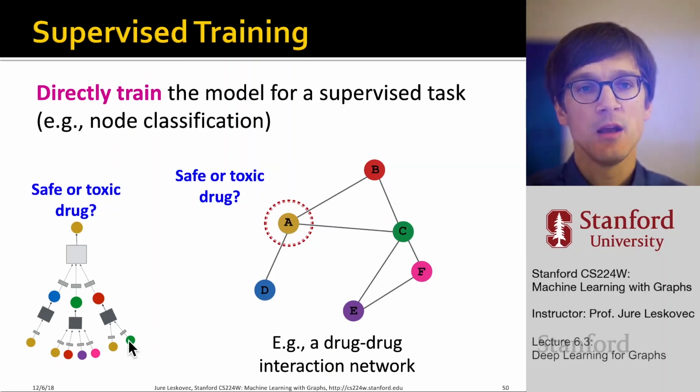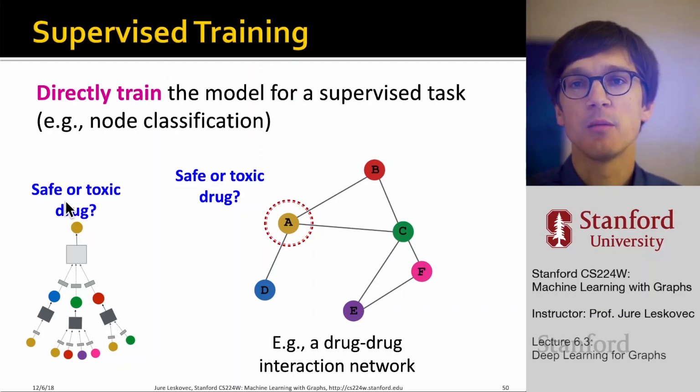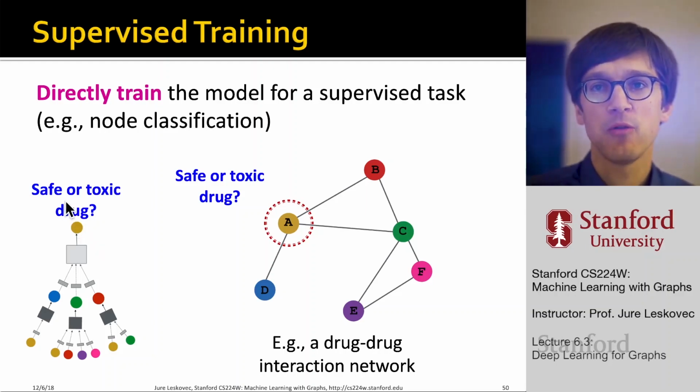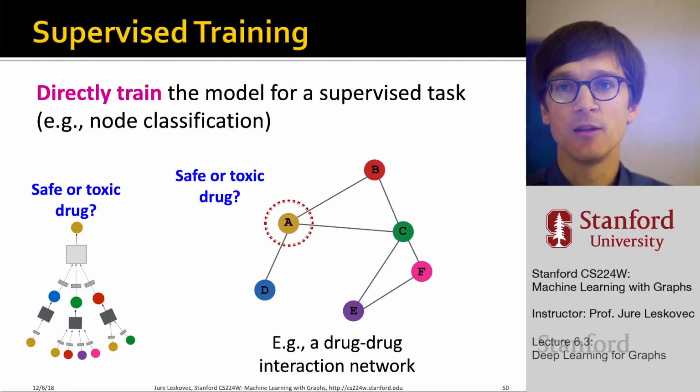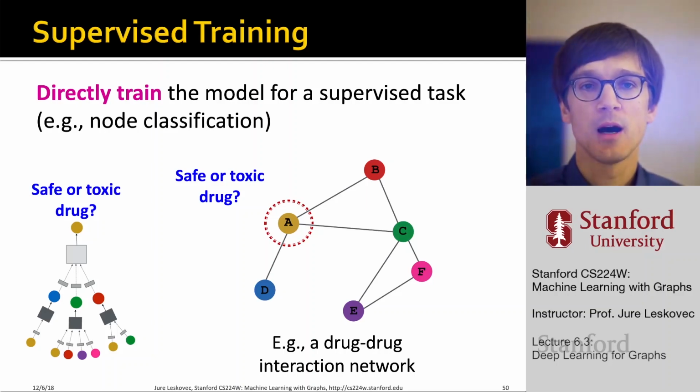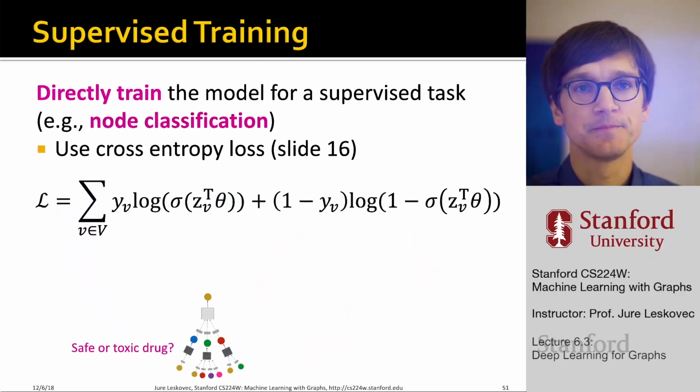So given this neural network, we predict at the end the label of the node, whether it's safe or toxic. And now we can backpropagate based on the label. So both are possible. Either we directly train to predict the labels, or we can train based on the network similarity, where network similarity can be defined using random walks, the same way as in Node2Vec.